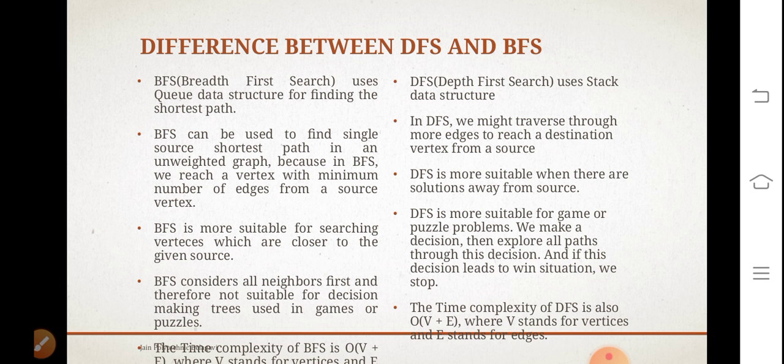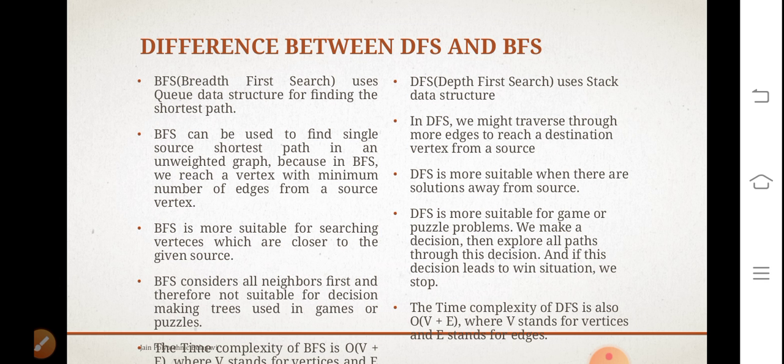BFS considers all neighbors first and is therefore not suitable for decision making trees used in games or puzzles. So DFS is more suitable for game or puzzle problems. We make a decision, then explore all paths through this decision, and if this decision leads to a win situation, we stop.